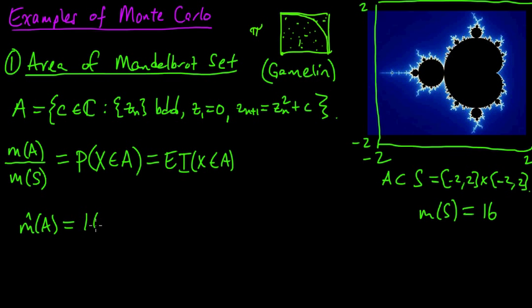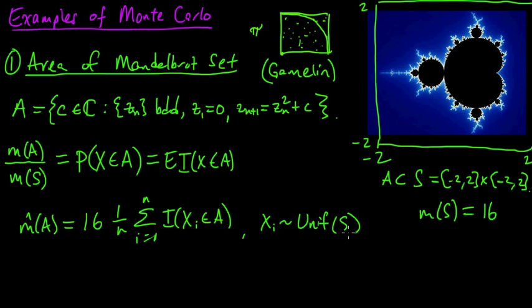So that's going to be 16 times 1 over n times the sum, as i goes from 1 to n, of the indicator that xi is in the Mandelbrot set, where xi is uniformly distributed over the square S.